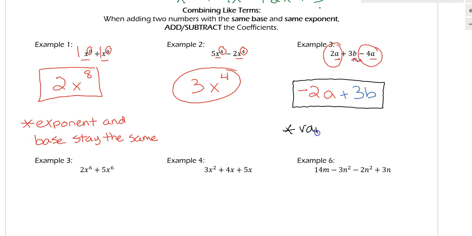Your variables are going to go in alphabetical order. It's just kind of another standardization thing so that everyone gets the same answer. Even when things can be written different ways, it's good to have a standard.